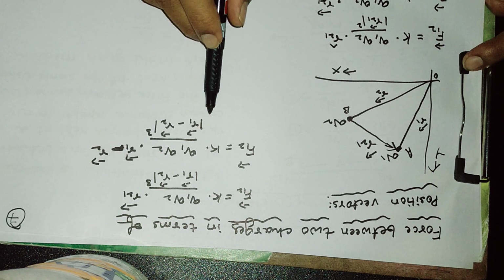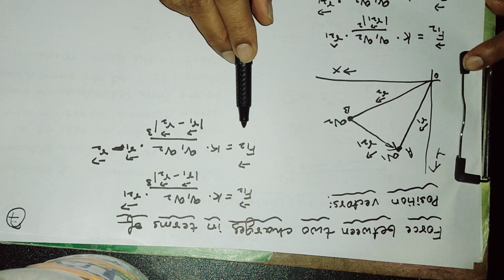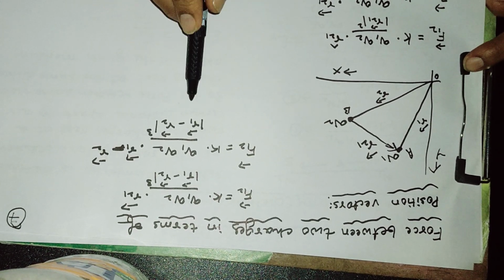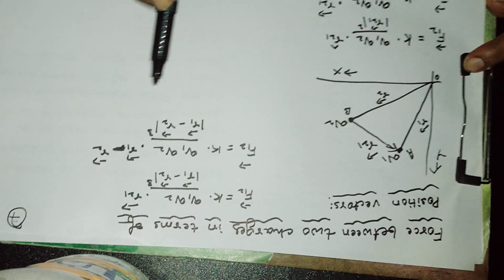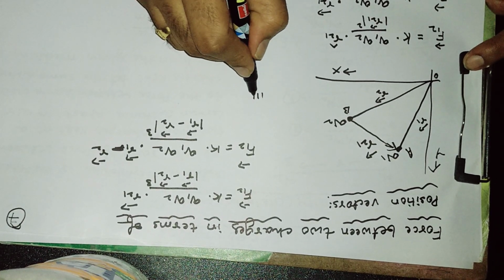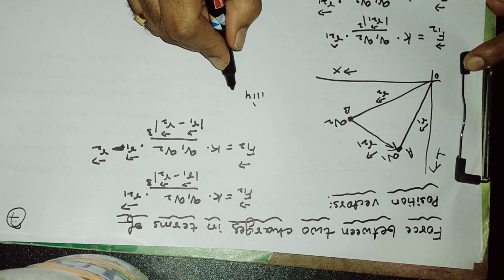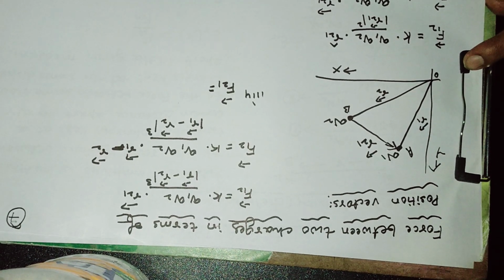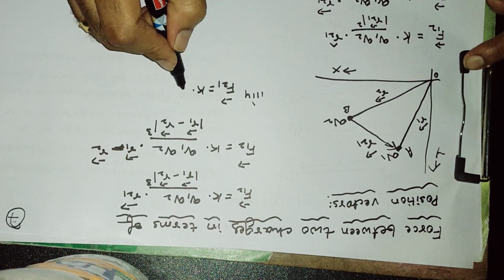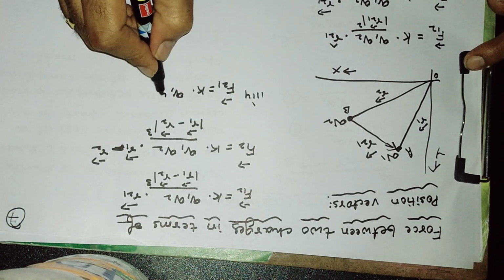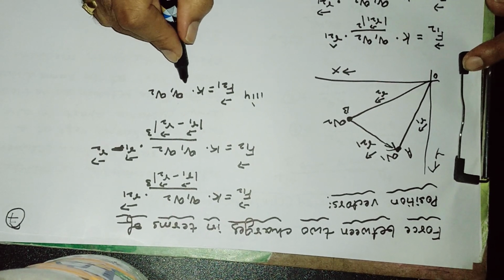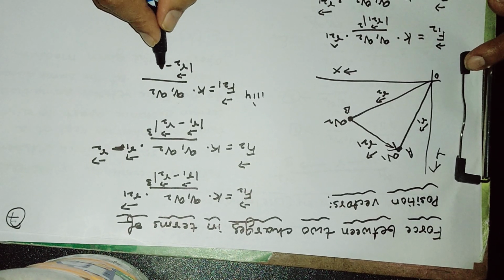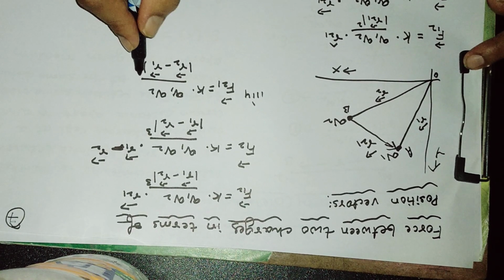So this is how you represent the force between two charges in terms of position vectors. Mind that R1 and R2 are position vectors. Similarly, if you are writing the force acting on the second charge due to the first charge, then it is K into Q1 Q2 divided by magnitude of vector R2 minus vector R1 whole cube.